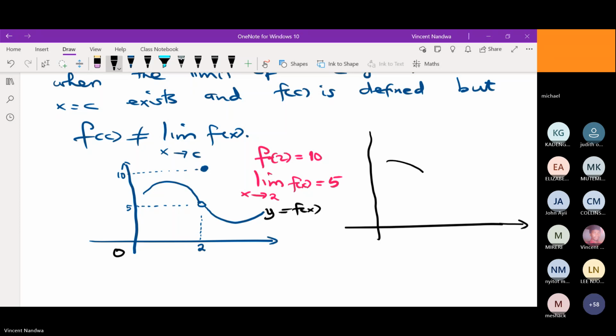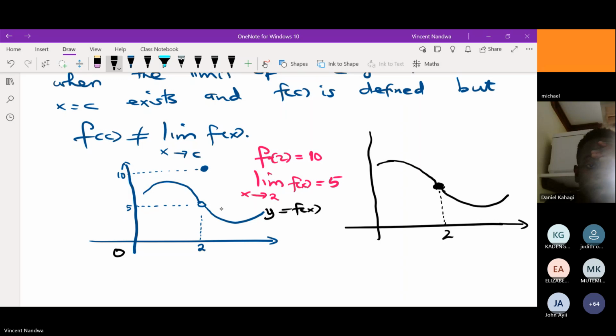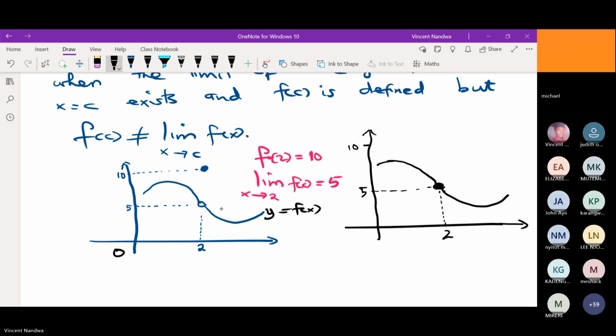So we bring the value of the function at 2 to this point here. This is 5, and this is where we had 10. So this is 0. This remains y equals f of x.